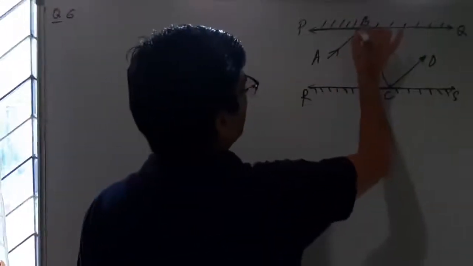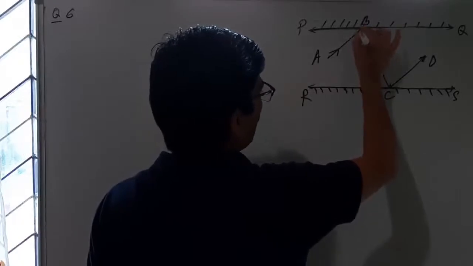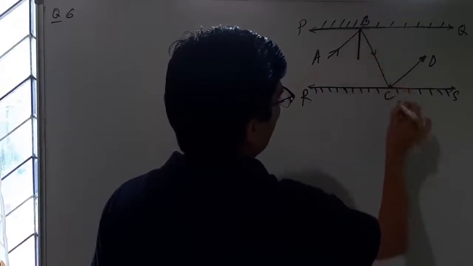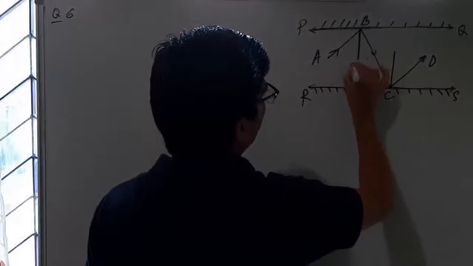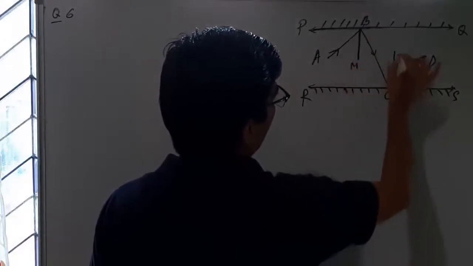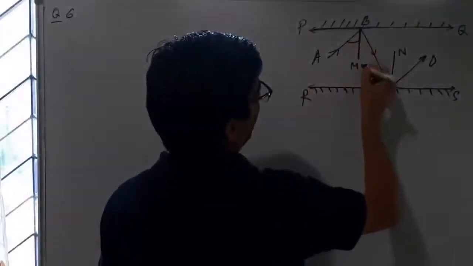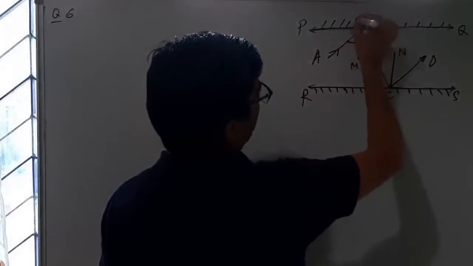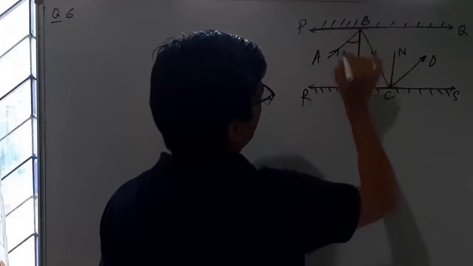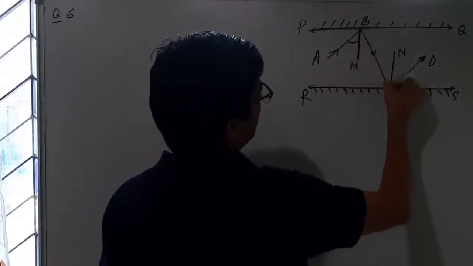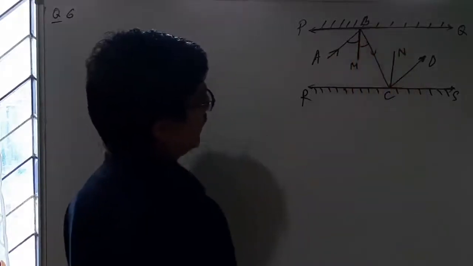To solve this problem, we will have to draw two normals, meaning perpendiculars, at B and at C. Suppose BM is the normal and CN is the other normal. Now ABM is the angle of incidence at this point B, and MBC is the angle of reflection.